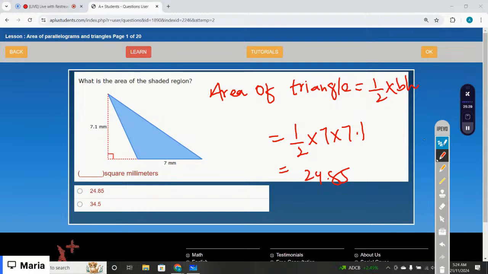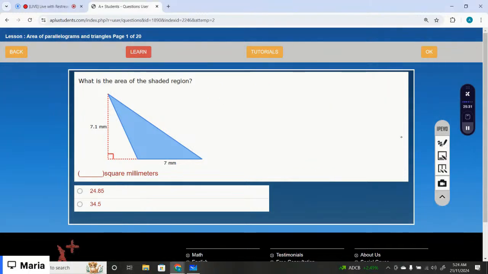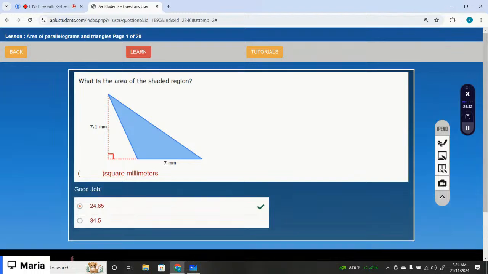The correct option is option number 2, that is 24.85. Option number 1 is the correct option.